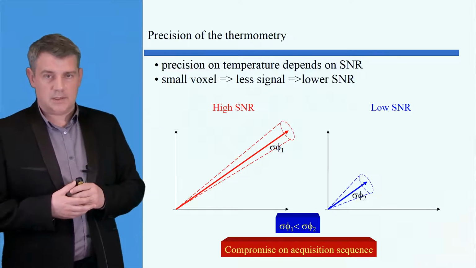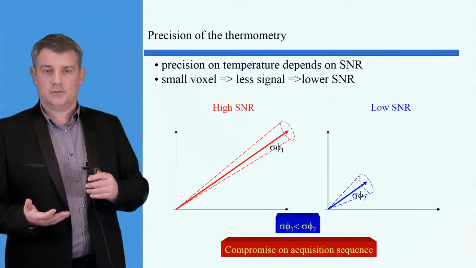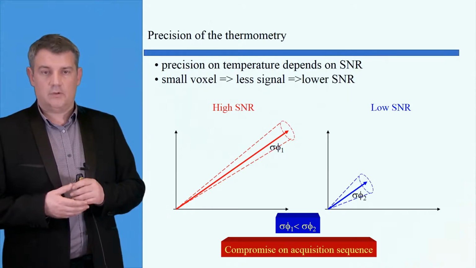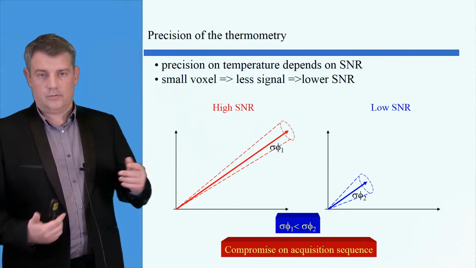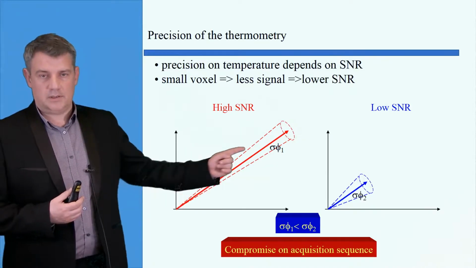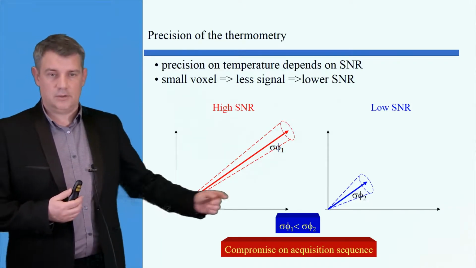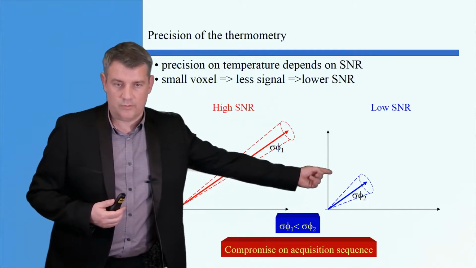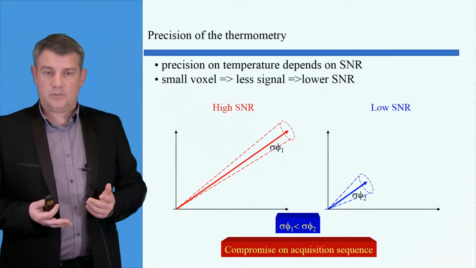To illustrate this, you can take two examples. On the left, you have a high signal-to-noise ratio, which means you have a high quantity of protons and you have a very long vector. Here, this magnetization is very long. In the other case, you have much less signal, so you have a much smaller vector here in blue. However, the noise in both experiments is the same.